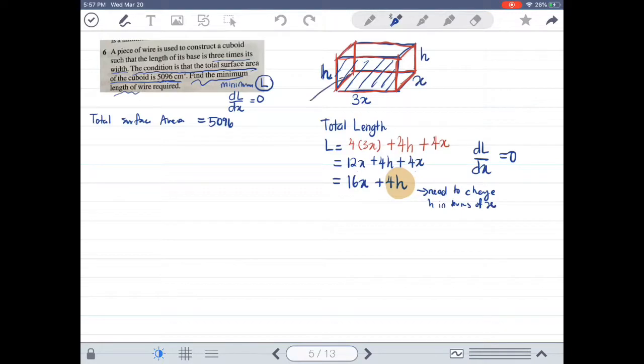We have front here and back here, so 3xh times 2 for front and back, plus from the sides, this side is xh, and we have right and left, so 2 plus top and bottom.